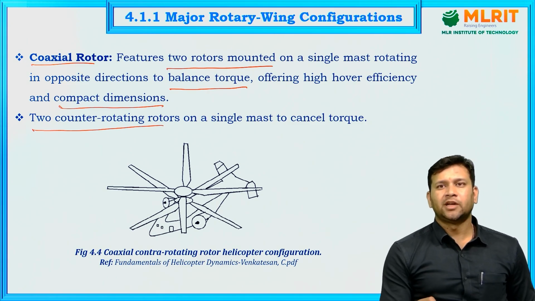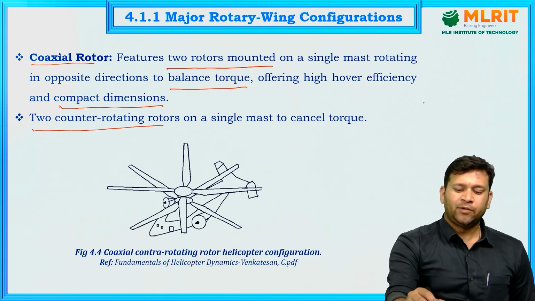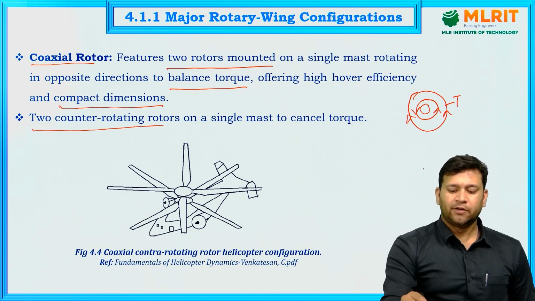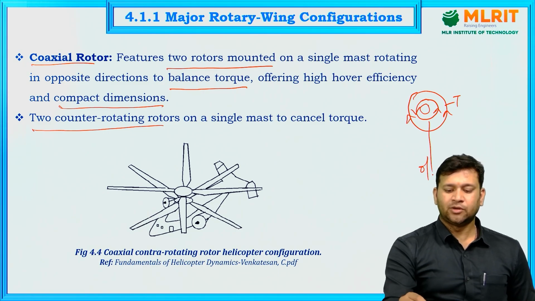In the previous example, we saw that when the blade is rotating in this direction, the torque is produced in the opposite direction. To balance this torque, we have a tail rotor on the tail boom.